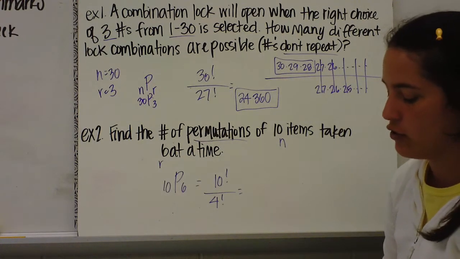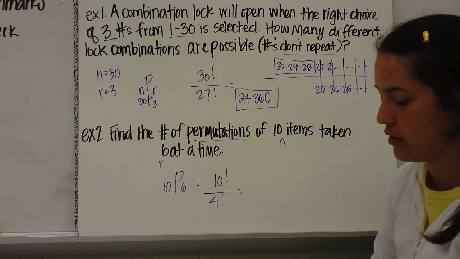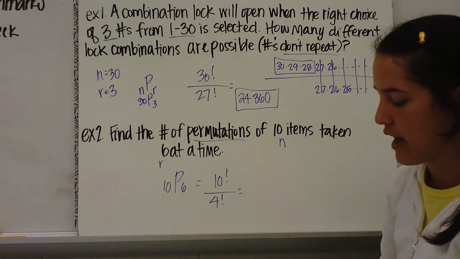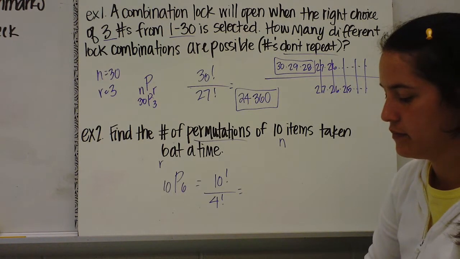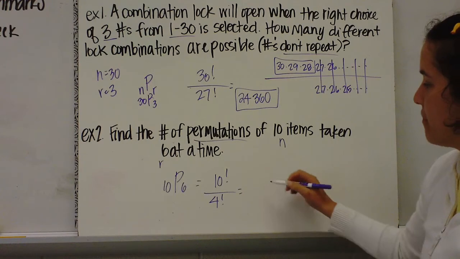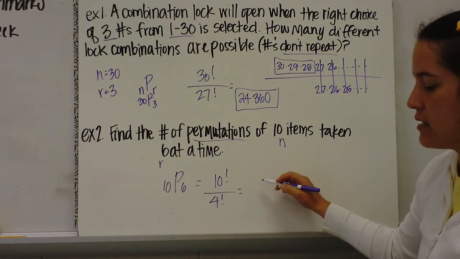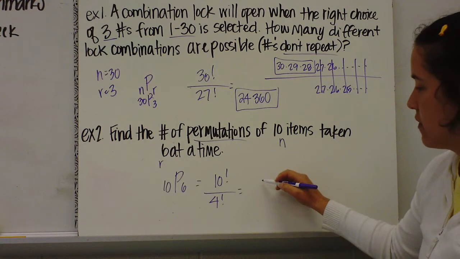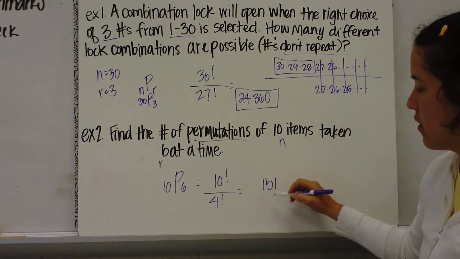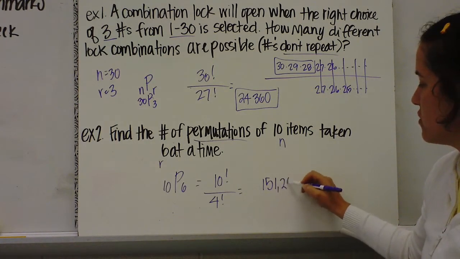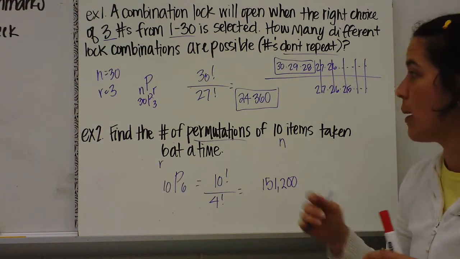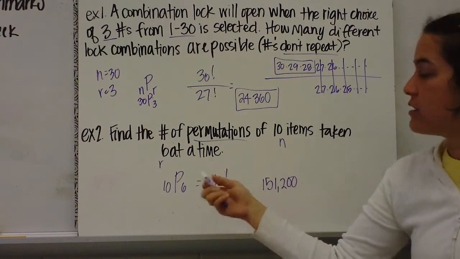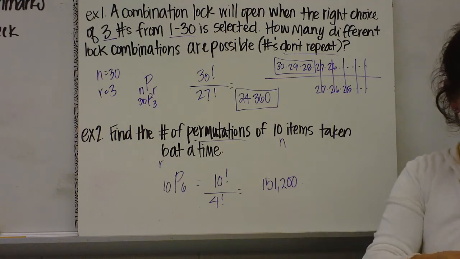So in your calculator, you can type in 10 factorial divided by 4 factorial, and we get 151,200 permutations. That is because order matters, and it told us that it was a permutation.